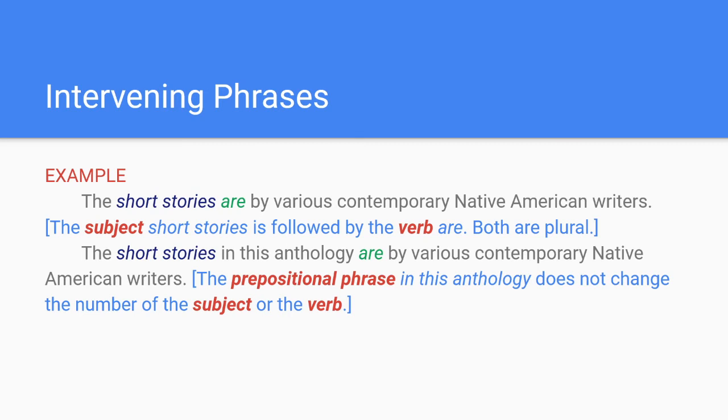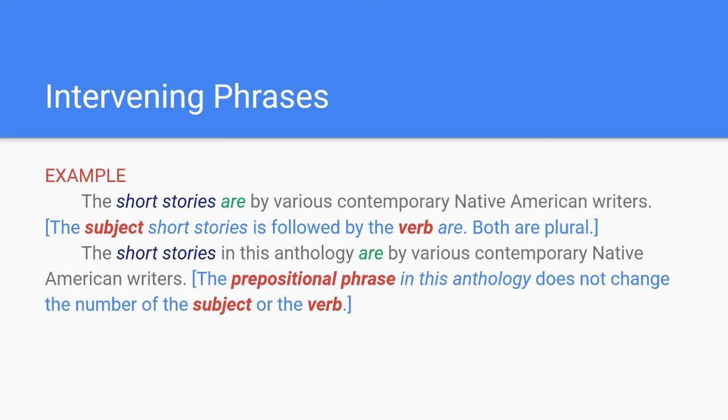The short stories are by various contemporary Native American writers. Our subject is short stories. Our verb is are. Both of them are plural. There's no intervening phrase here. Subject right up against verb. If we take that sentence, though, and we add the prepositional phrase in this anthology, we have: the short stories in this anthology are by various contemporary Native American writers.